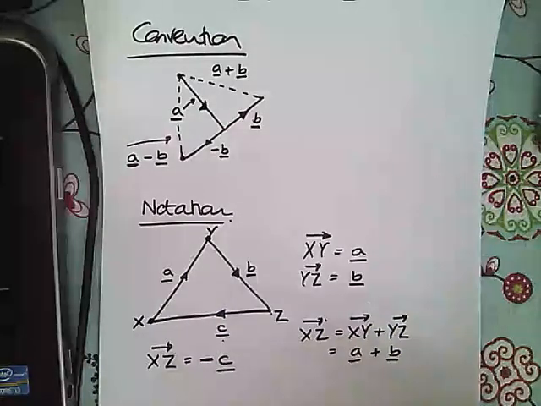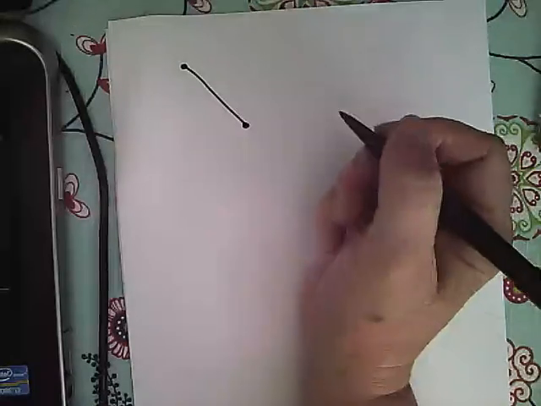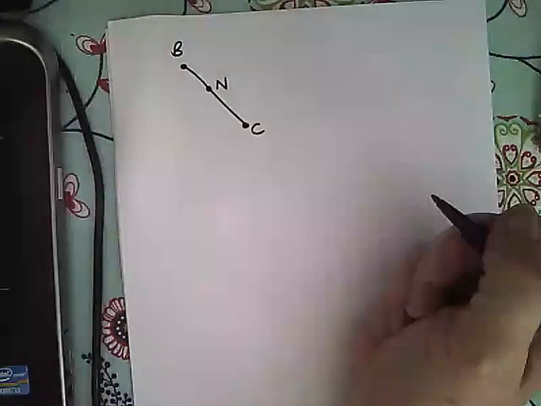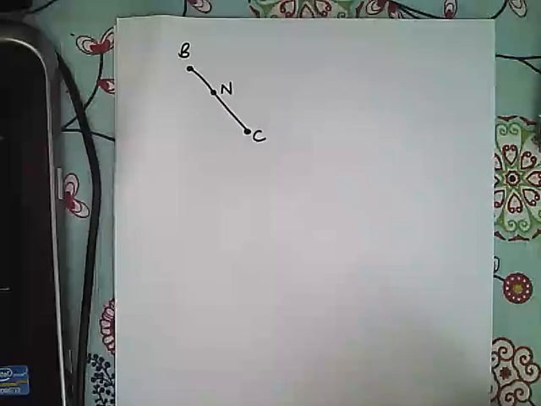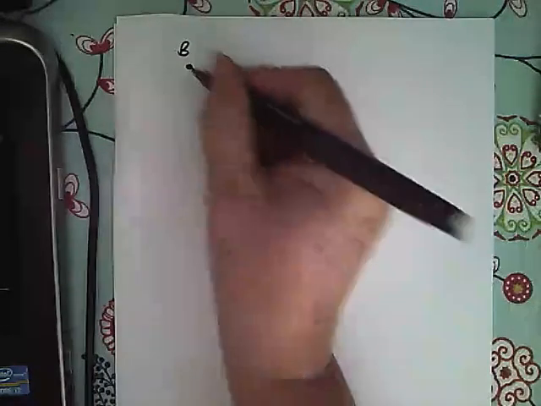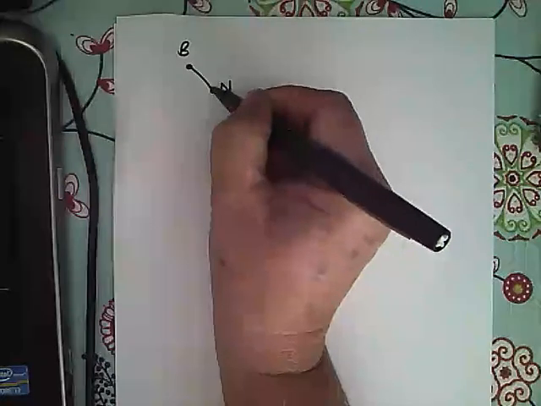The third thing I want to talk about is what happens if a side or a vector is divided in a ratio. So if I had this vector here, let's call this BC, and there's a point on BC called N, and in the question we are told that we have a ratio between that distance there, BN, and NC.